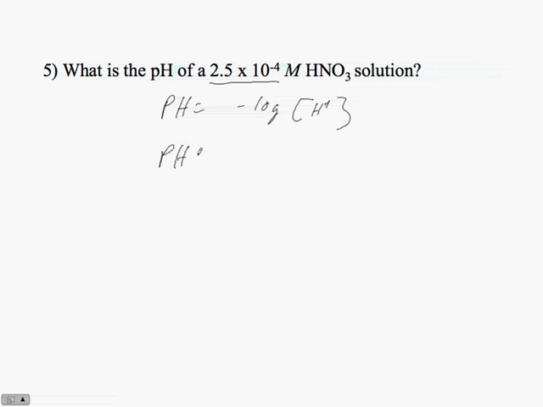So pH is equal to minus the log of 2.5 times 10 to the negative 4. When we take the log of this, we get minus 3.6, which means that our pH would be equal to 3.6.